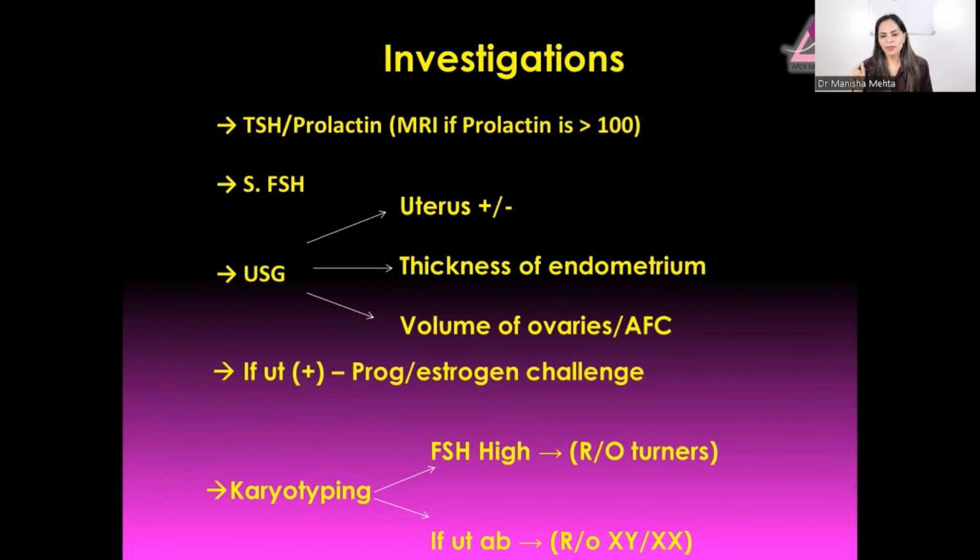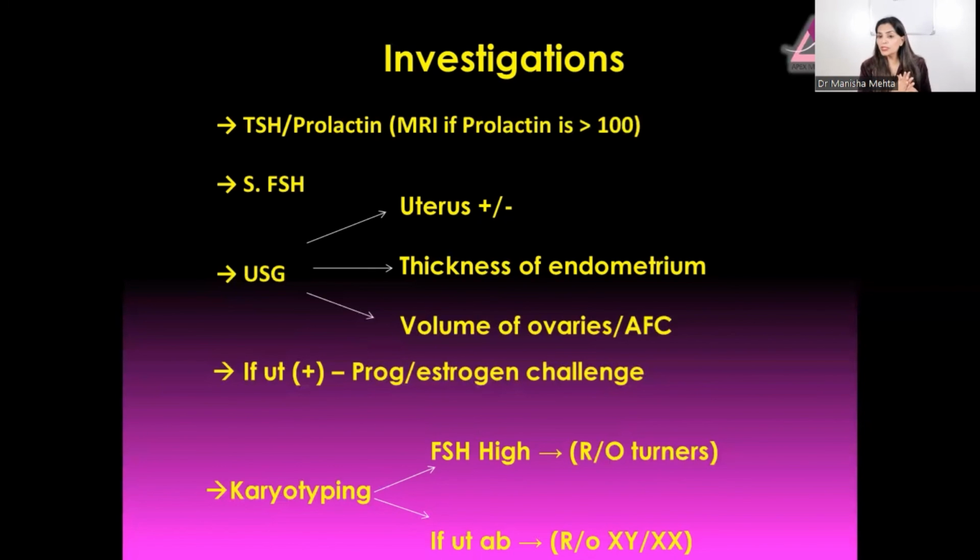I would give progesterone withdrawal and see why she's not bleeding. So these are the cases where PCOS is very common. You will see hypertrophied endometrium, but because there is no balance between estrogen and progesterone, that is why she's not menstruating. So the volume of ovaries, the antral follicle count, will also tell us if it is a case of POF, that is ovarian failure, or is it a case of multiple follicles and PCOD.